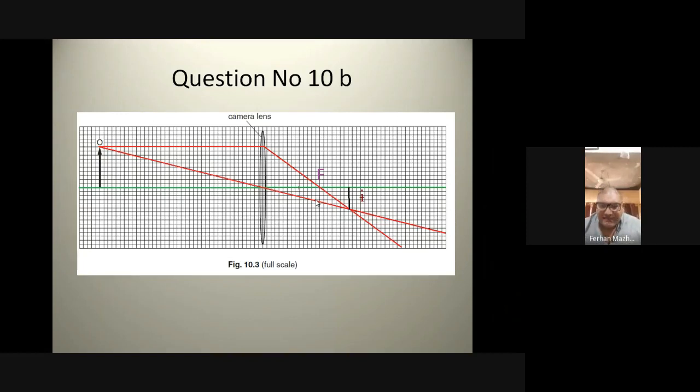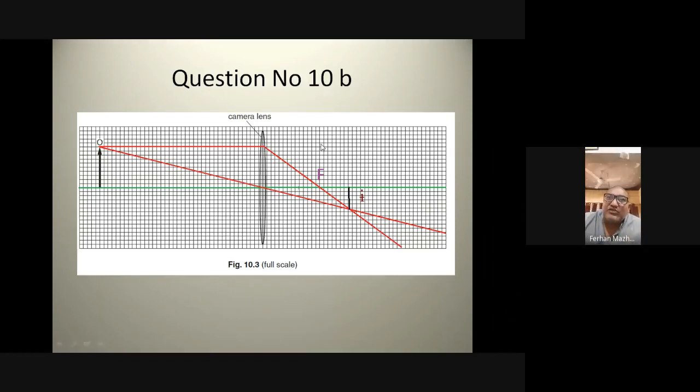Are you done with this thing? Yes, sir. Okay. Then from the head of the object, start a ray which is parallel to the principal axis and it comes in the lens. Like the top red ray which I have drawn, it goes parallel to the principal axis and comes in the lens.